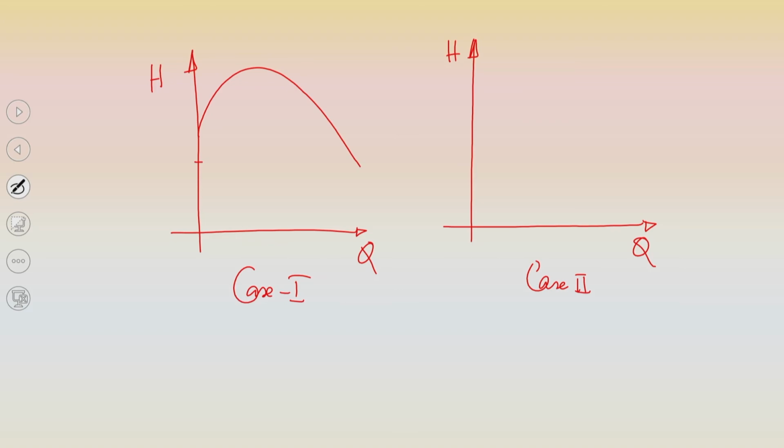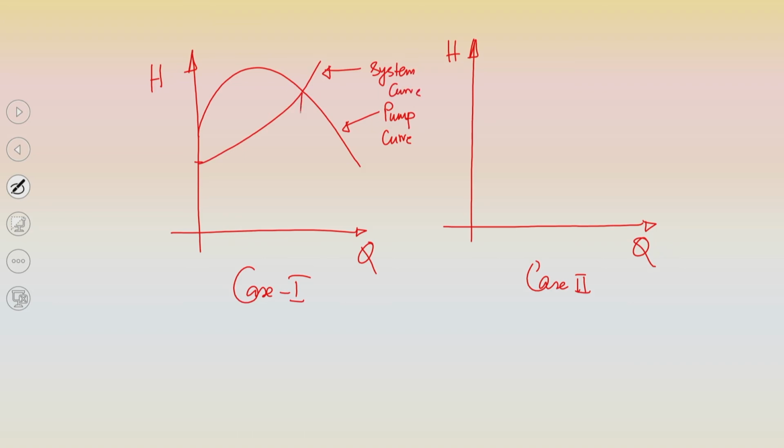See, if the characteristic curve is like this, this is the pump curve, and this is the system curve.